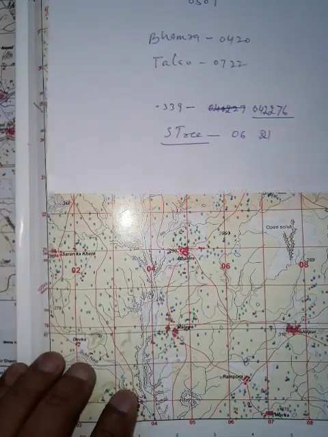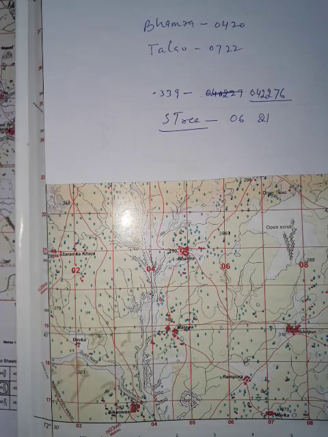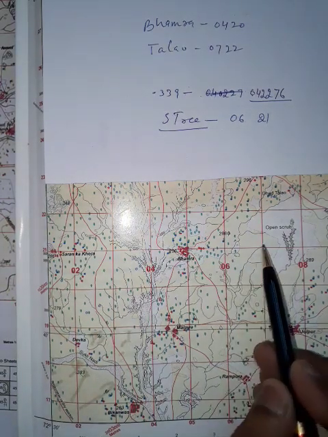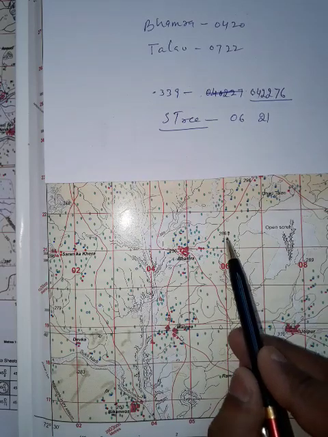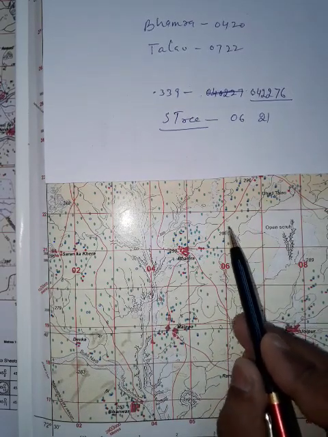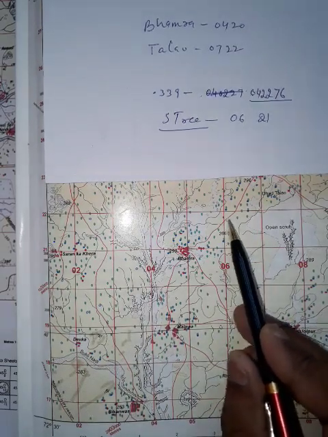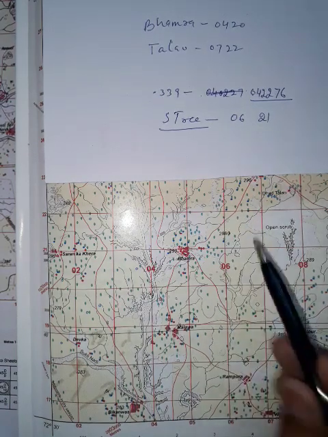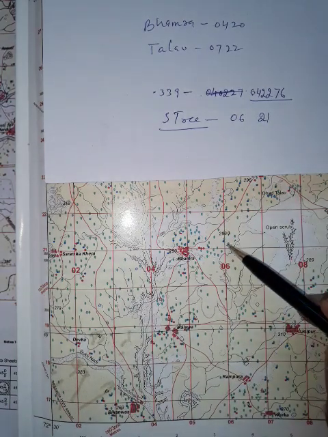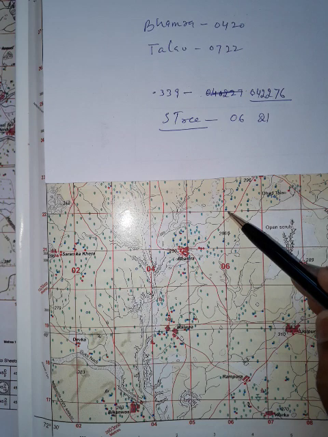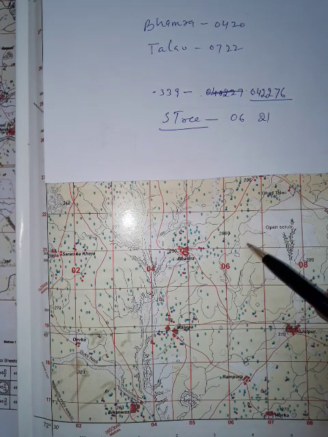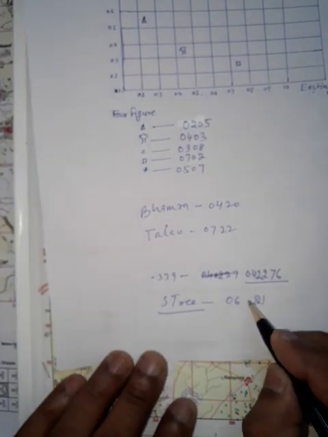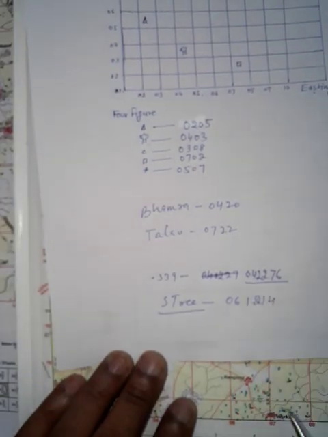Now again we will do the same thing. We will divide this into 10 equal parts, like 1, 2, 3, 4, 5, 6, 7, 8, 9 and 10. Again 1, 2, 3, 4, 5, 6, 7. Now it comes 1 and 4.